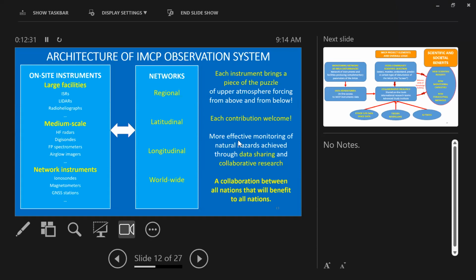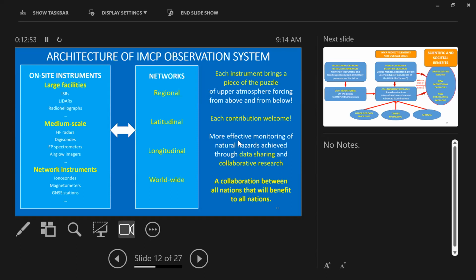Each contribution is welcome, of course. A more effective monitoring of natural hazards achieved through data sharing and collaborative research is the overall objective of the project. So this is a collaboration between all nations, international, that will be of benefit, we think, to all nations.